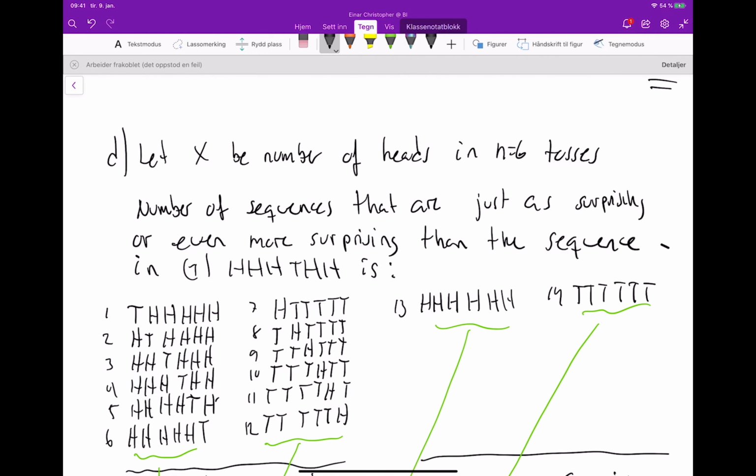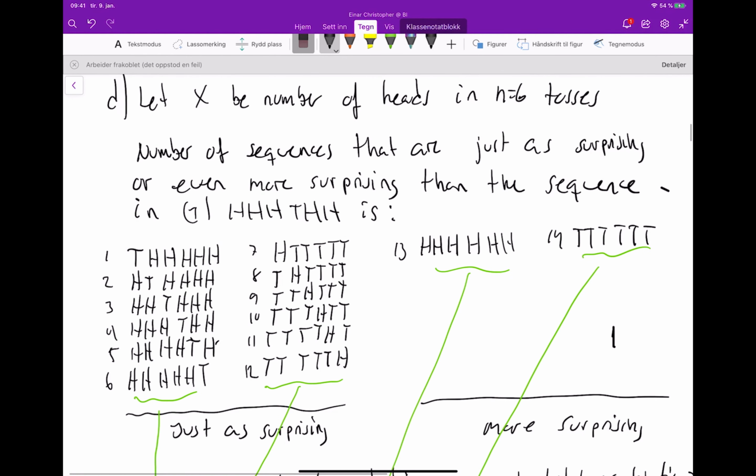In 1d, we let x be the number of heads in n equals 6 tosses. The number of sequences that are just as surprising or even more surprising than sequence 1 is, then we have to think which possible sequences this is.